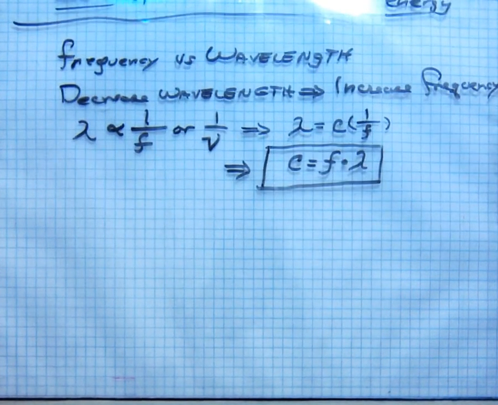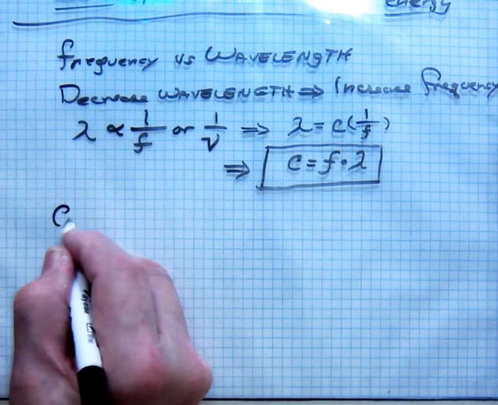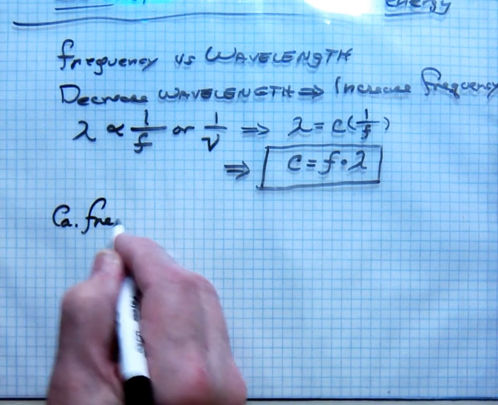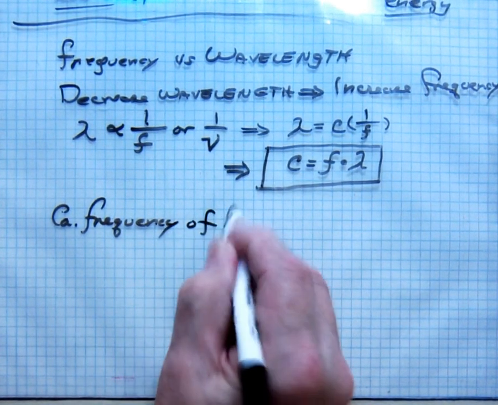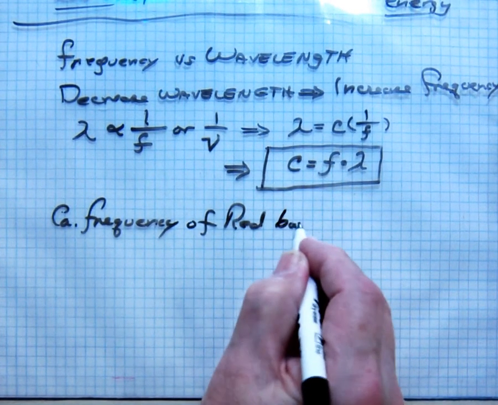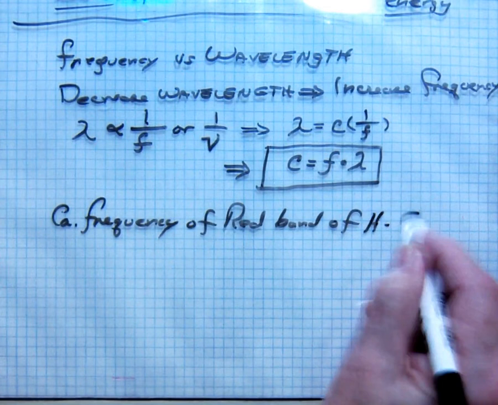What's the wavelength and frequency relationship in the red light? Well, we know the red light is 656 nanometers. So calculate the frequency of the red band of the hydrogen spectrum.